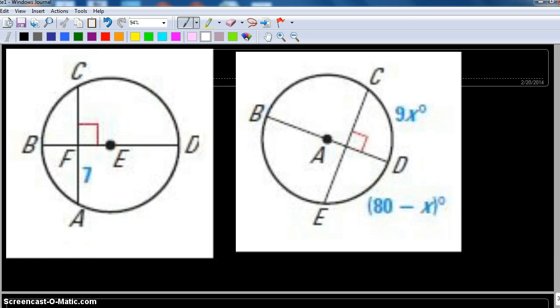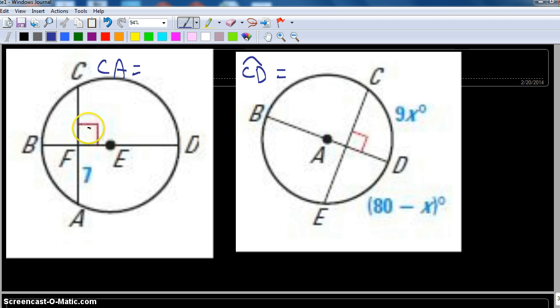So for example, in these 2 questions, on the left, I want to figure out how long is CA. On the right, I want to know how long is the arc CD. On the left, I have a diameter. Here's my diameter. Why? Because it's going through the center.